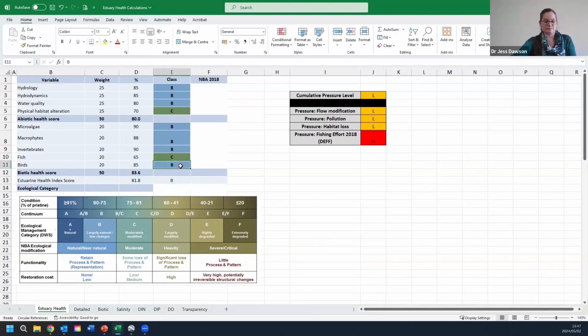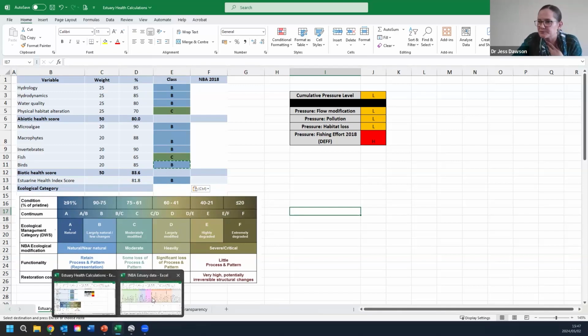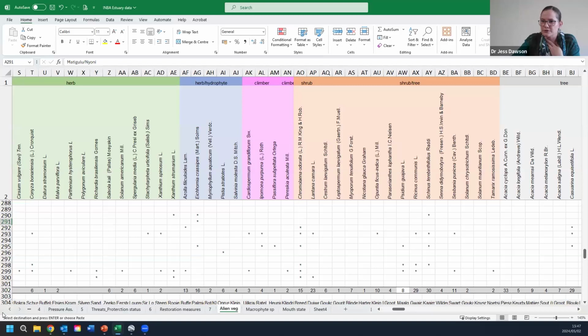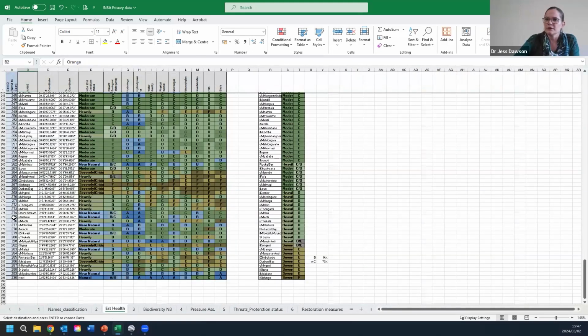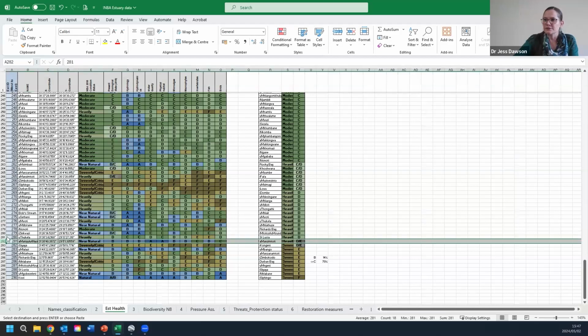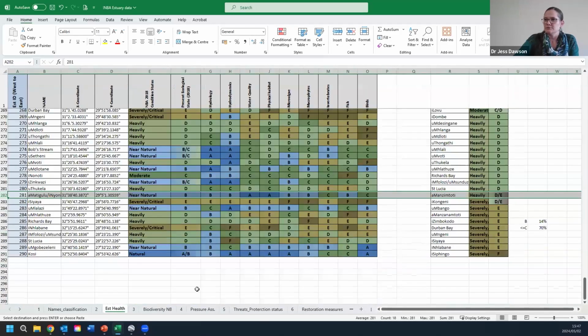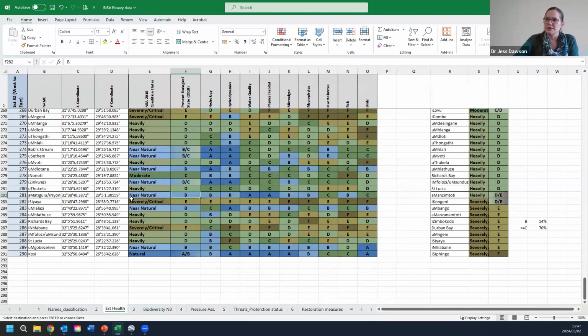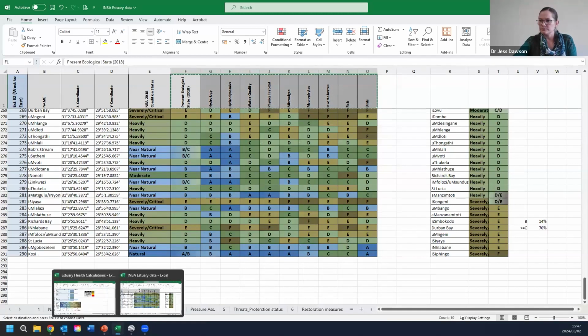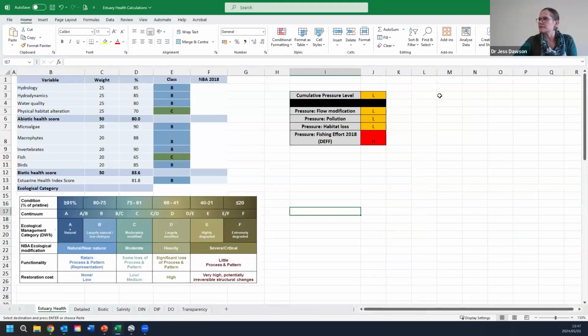Oh, that one doesn't. Okay, so let's go and have a look. If we go to our estuary health, we find our estuary B, a near natural. Let's copy. Let's just see. I just want to check.